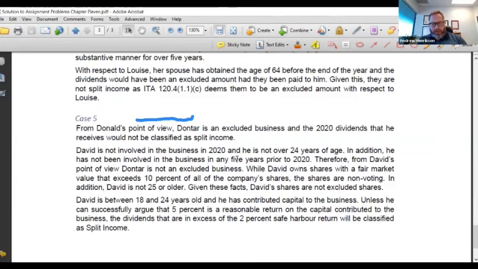After graduating from high school at 18 years of age, Donald's son David worked full-time in the business during the years 2017 to 2019. However, in January 2020, he enrolled in a full-time university program and no longer spends any time working in the business. He is 22 years old at the end of 2019.